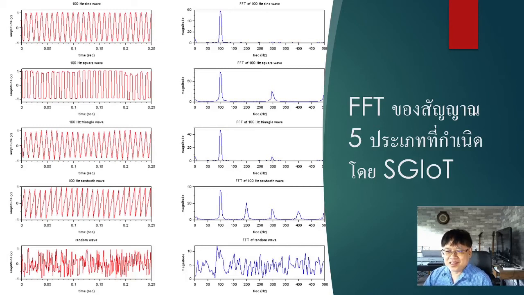For the triangle wave, you have the base frequency and the harmonic is very small. Actually for the square wave, you will see the fifth harmonic right here, with five times the base frequency. For the sawtooth, you will have this: the base frequency and the second, third and fourth harmonic.